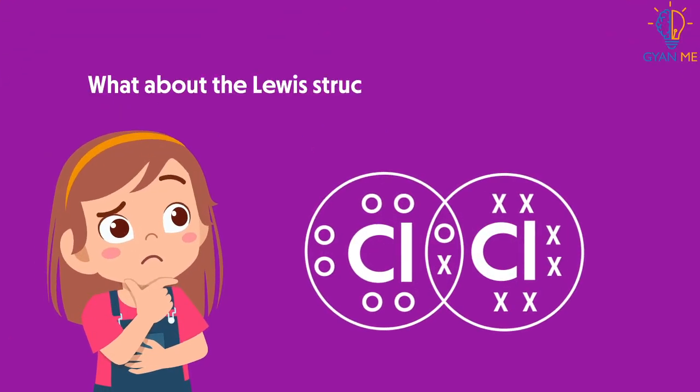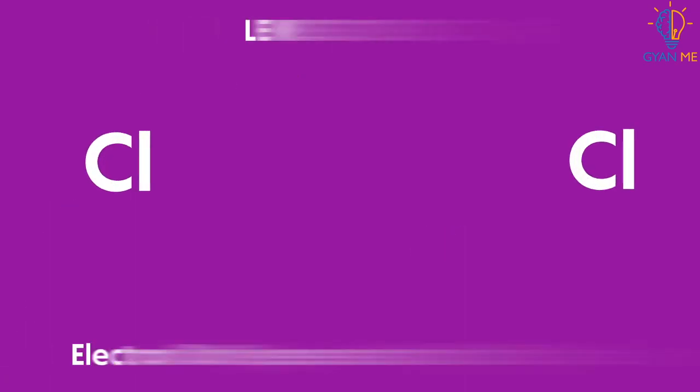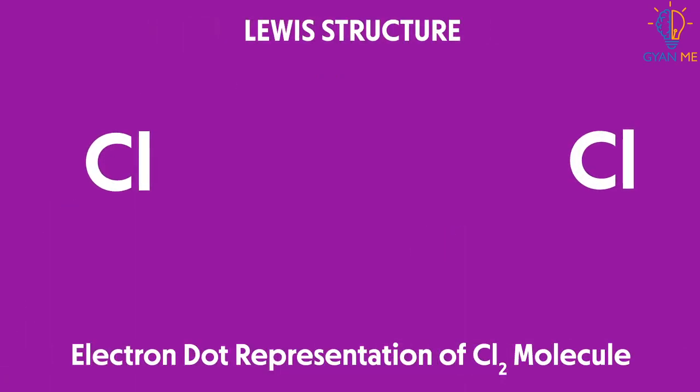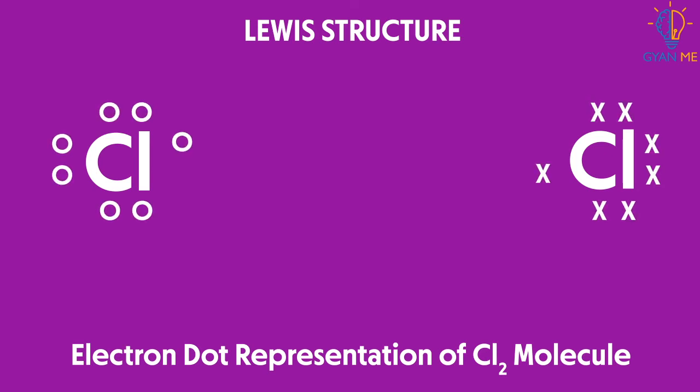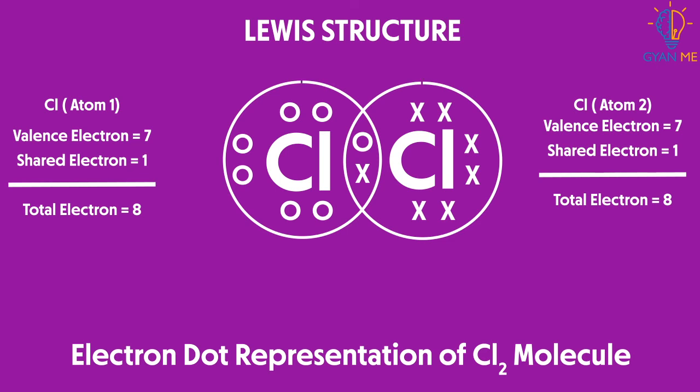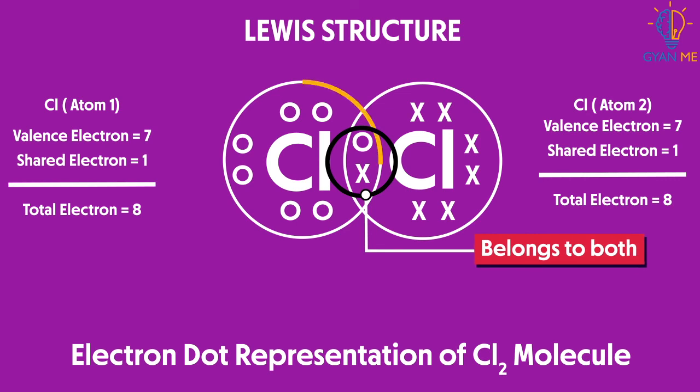Now what about its Lewis structure? Here it is. Observe that these are two chlorine atoms symbolically written. These are the 7 valence electrons. For one, we have shown electrons as dots and the other we have shown as crosses. And here is the shared pair of electrons shown by drawing circles. As you know, this pair of shared electrons now belongs to both chlorine atoms.